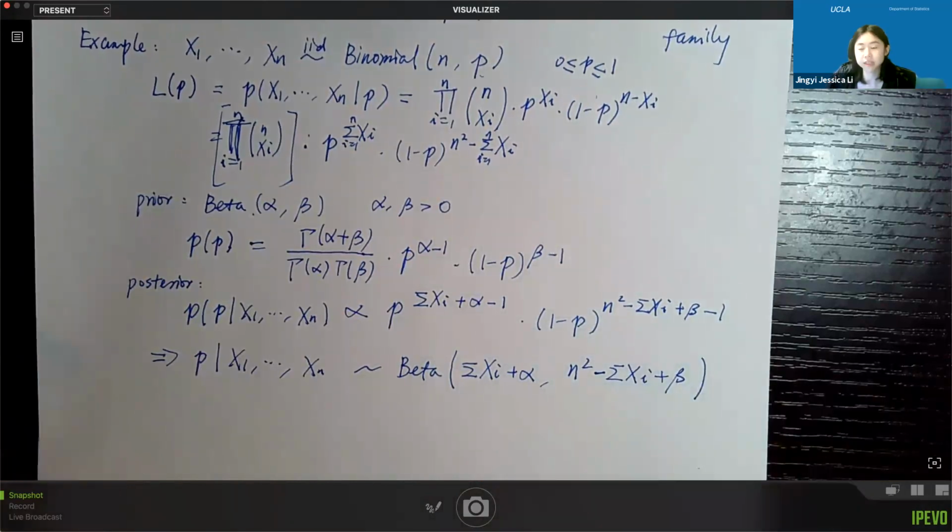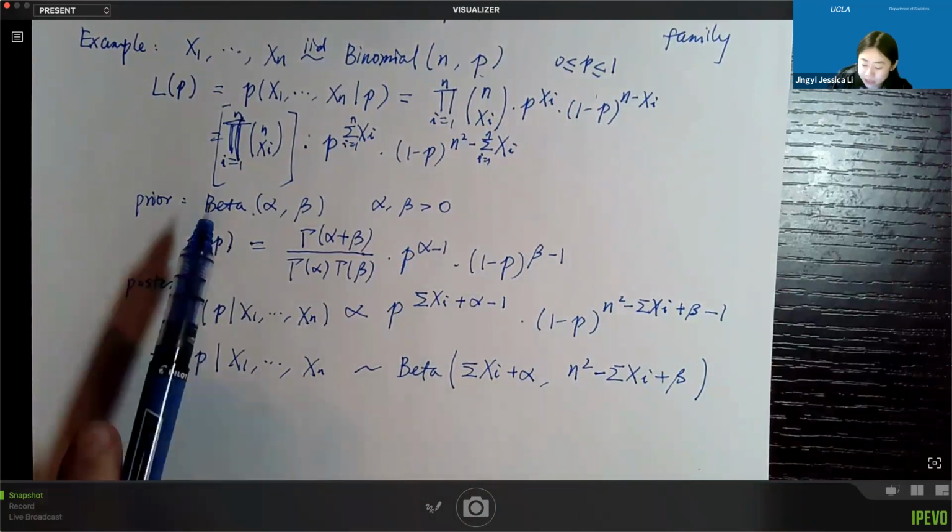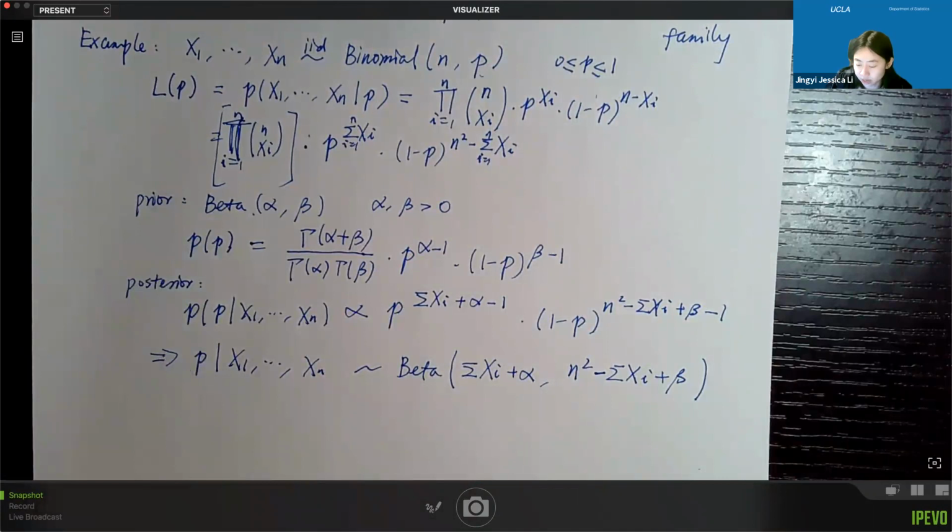So the posterior is still a beta distribution, just as the prior. That's why we say the beta prior is a conjugate prior to the binomial distribution.